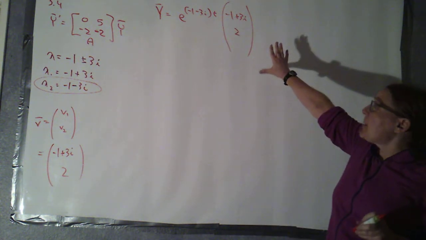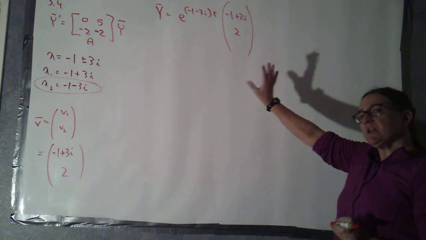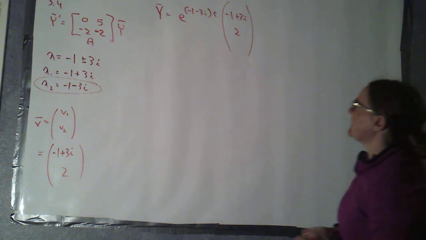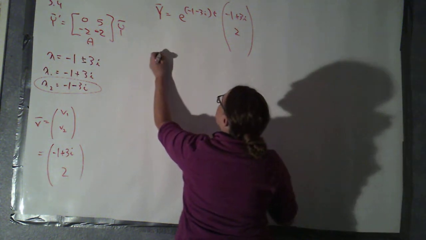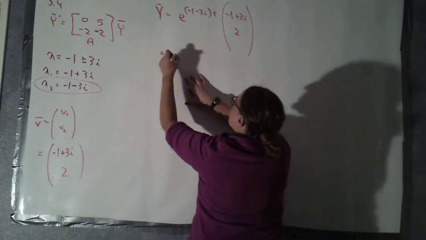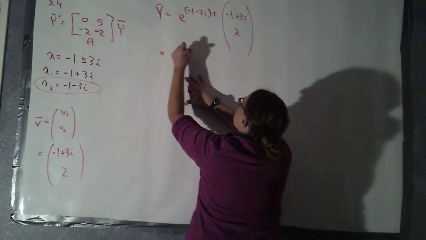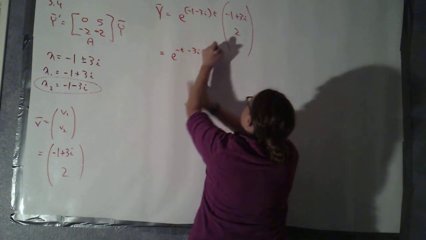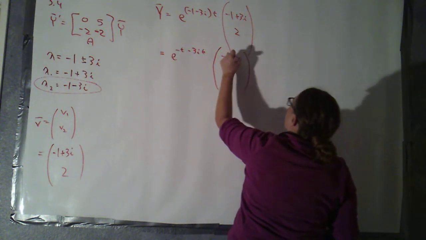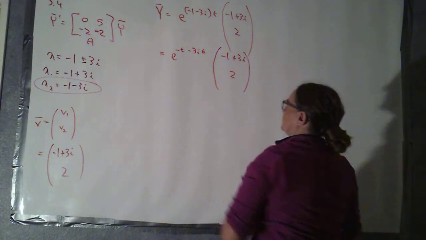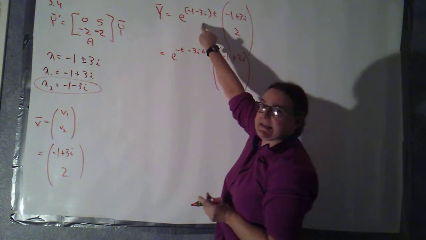That's a complex solution. I'm going to do some simplifying of it now. Notice with this exponential, this is e to the negative t minus 3it, and then times negative 1 plus 3i, 2. So I just distributed the t here.